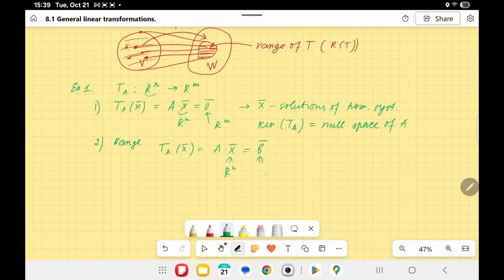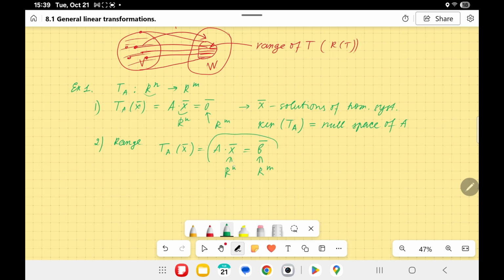The final space or image space. If we just consider this part separately from the idea of transformation, what are those vectors? These b's are vectors from this space which can be represented as a linear combination of vectors here, right?